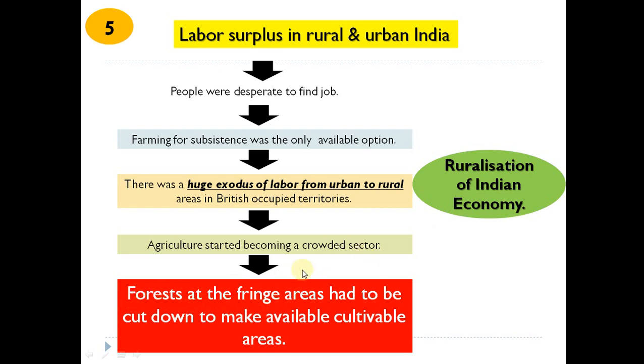Forests which are available at the fringe areas are cut down, and cultivable areas are made available to those people who are coming from new areas, the new rural Indians. Forests are cut down in the fringe areas to help them cultivate.